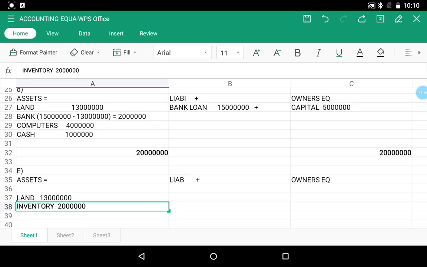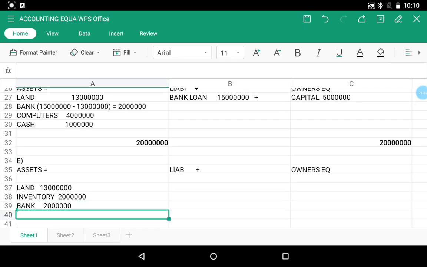Then in assets, we still have our bank. But remember, this time we are remaining with 2 million in the bank, because he used that money to buy assets. Then we have the computer, which is 4 million.